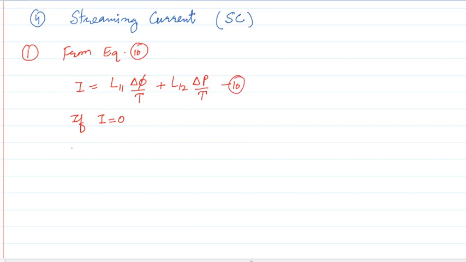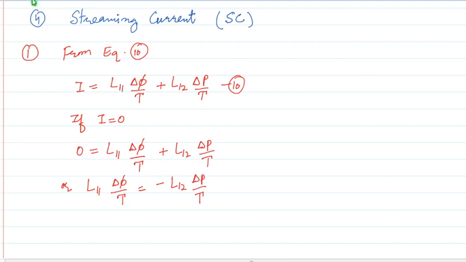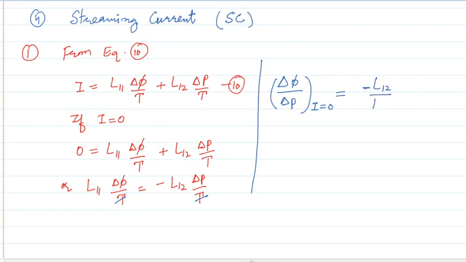So in place of current we insert 0: L11 delta phi upon T plus L12 delta P upon T. We can write L11 delta phi upon T as equal to negative of L12 delta P upon T. Here T and T cancel, so we have a simple relation: delta phi upon delta P, with current equal to 0 in the subscript, is simply equal to negative of L12 upon L11.